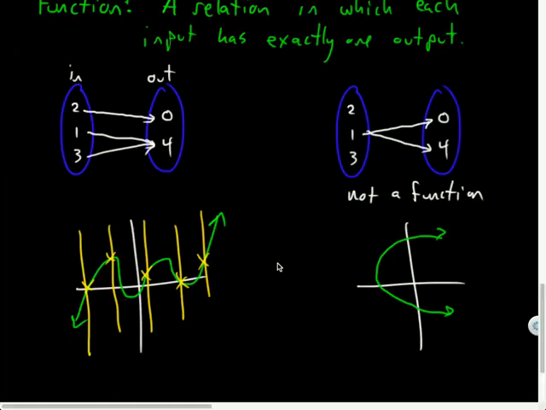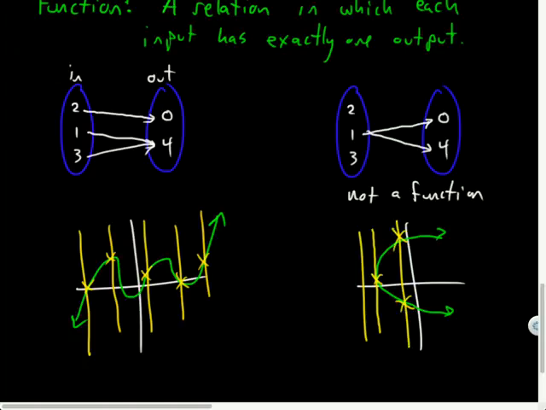All right? Now this is okay. That vertical line hit no points. That's fine. That's not why it fails the function test. Now this is okay. That vertical line hit 1 point, so there's no problem there. But then, this is where we messed up.